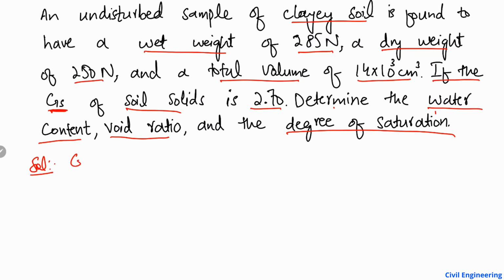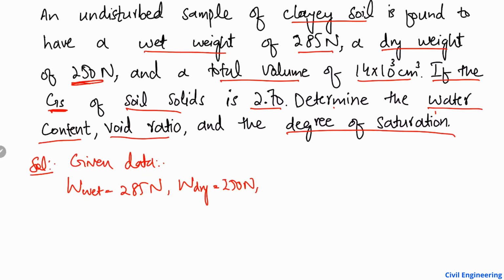So the given data for this soil sample is the wet weight, which is 285 Newton, and then the dry weight of the soil sample after drying, which is 250 Newton.